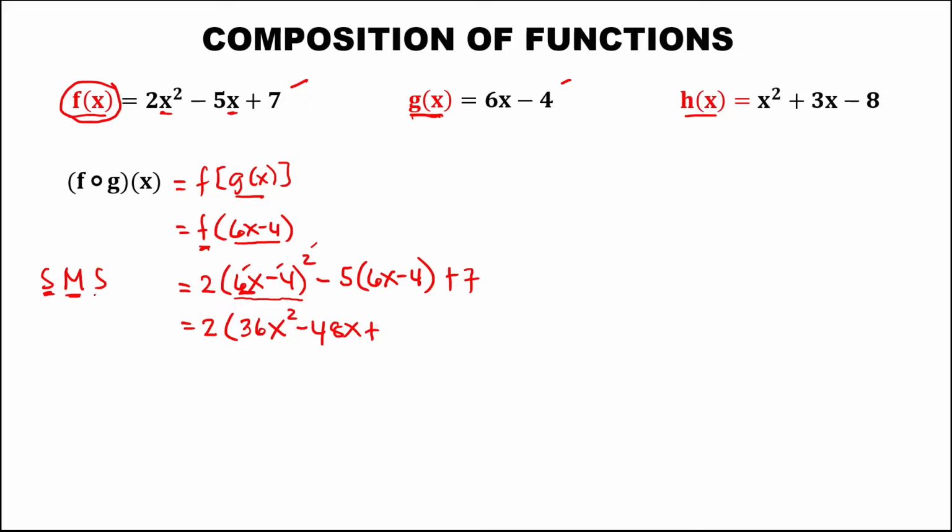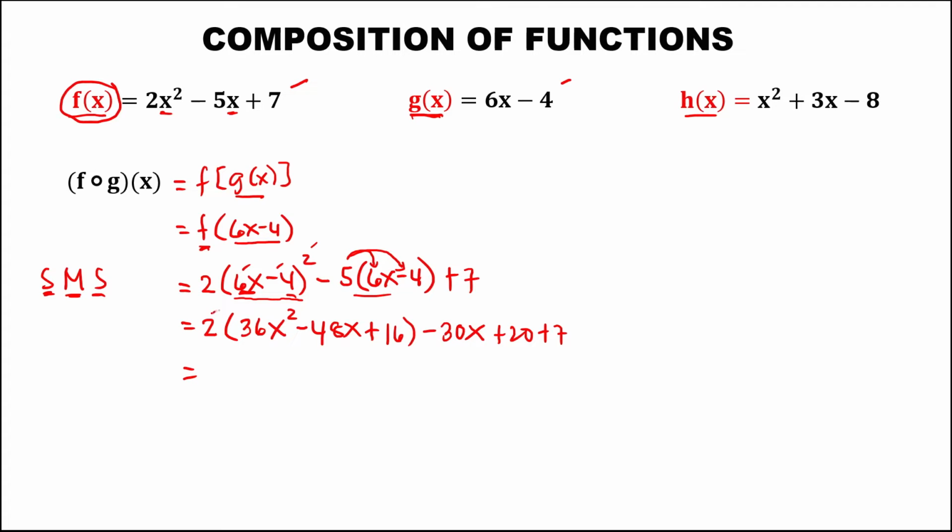Then plus the last S, the square of the last term, the square of 4, which is 16. Then for this term, distribute negative 5 times 6, so this is negative 30x. Negative 5 times negative 4 gives positive 20. Then bring down positive 7.